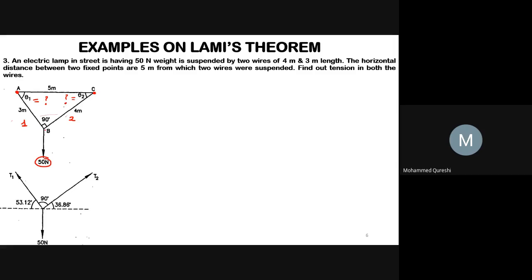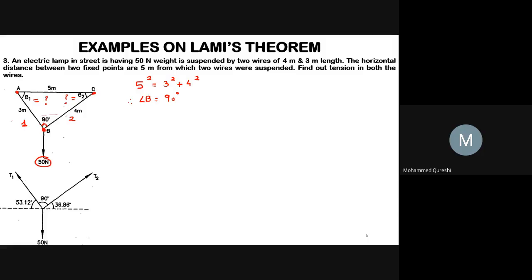Now from triangle ABC, from the three sides of triangle ABC, we may write 5 square equals 3 square plus 4 square. So your angle B will be 90 degree. Hence, we are showing angle B as 90 degree.